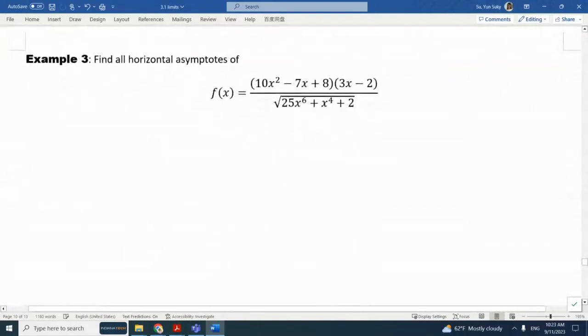Okay, so good. Now let's look at an example. All right. So to find horizontal asymptotes, what's your step? Look at your steps from the previous page. What's the first step when you want to find horizontal asymptotes?